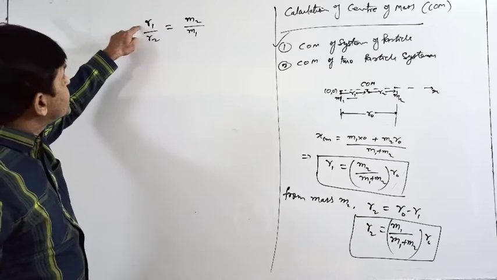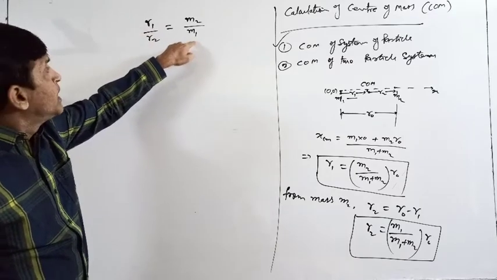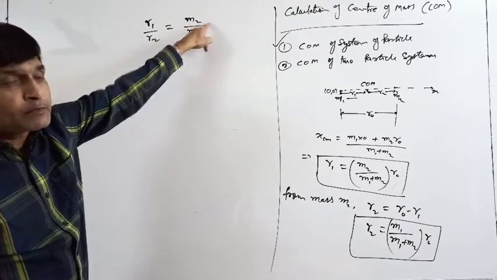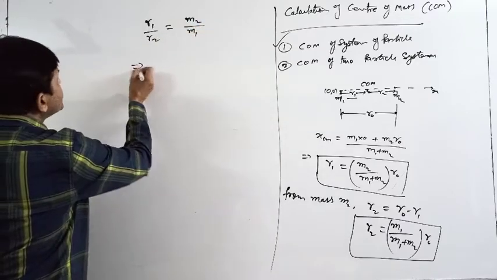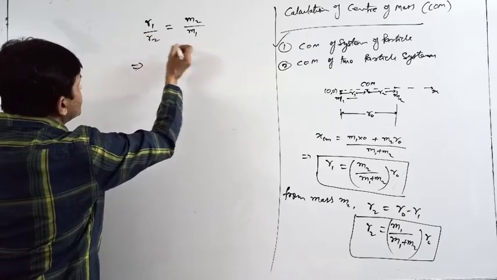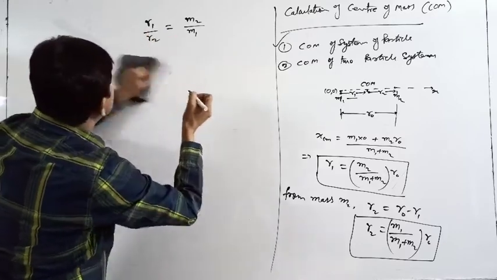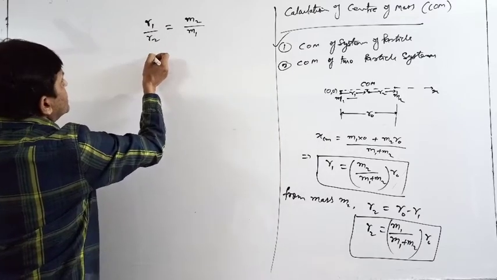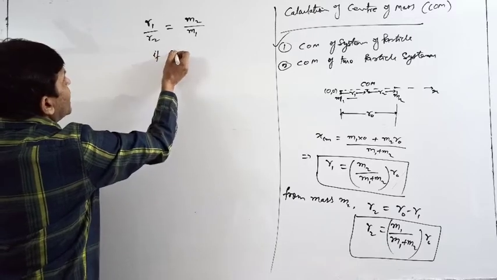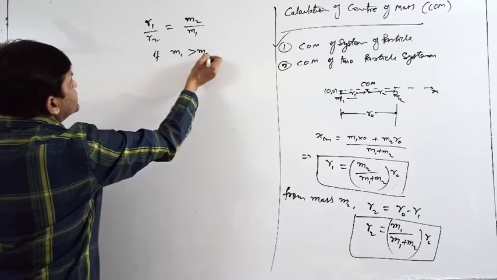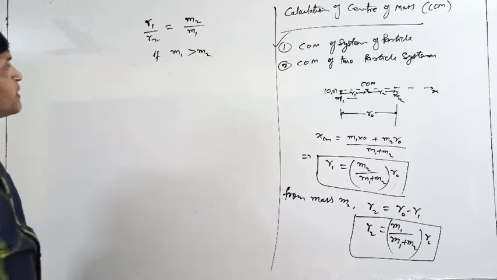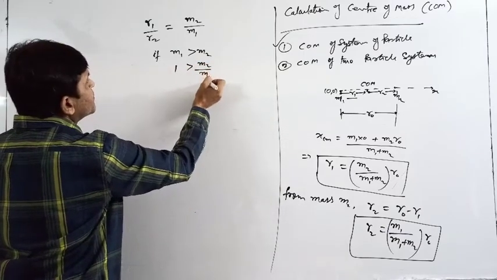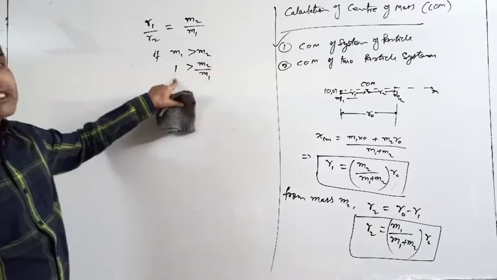R1 is the distance from M1, R2 is the distance from M2. So I can generalize. If I am generalizing this, there is one more thing. Let's see here. If M1 is greater than M2, then M2 by M1 will be less than 1.